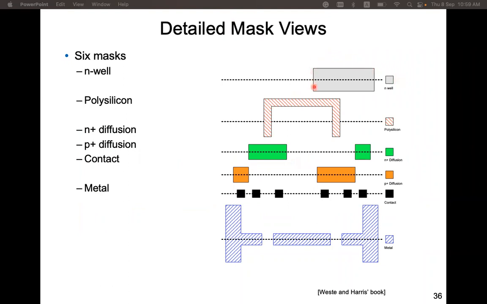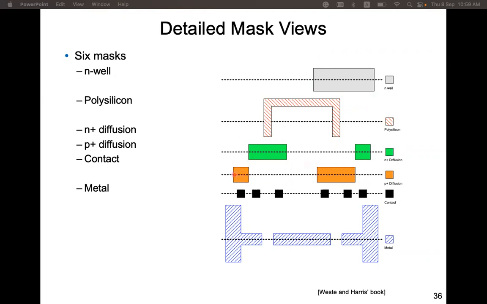We have the N-well region. We need to define an N-well region with this shape and this size. Then polysilicon, and N+ diffusion into the substrate.